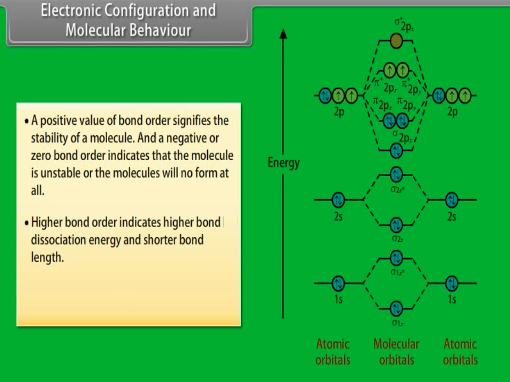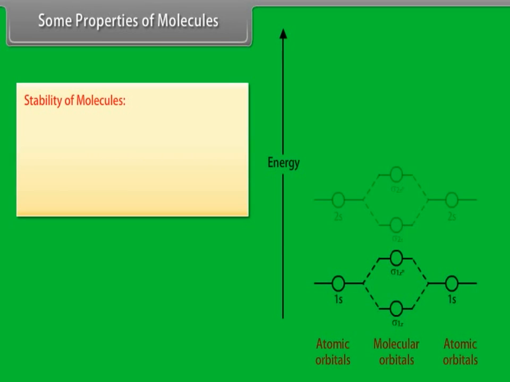Higher bond order indicates higher bond dissociation energy and shorter bond length. Bond order indicates the number of covalent bonds in the molecule. Some properties of molecule. Stability of molecule.